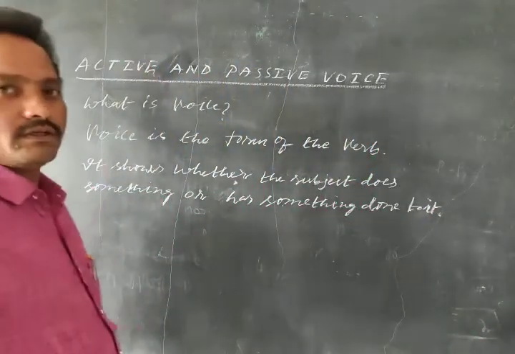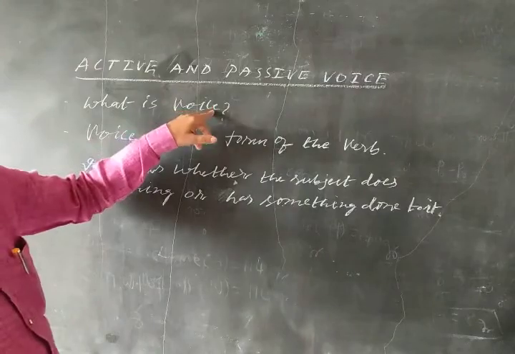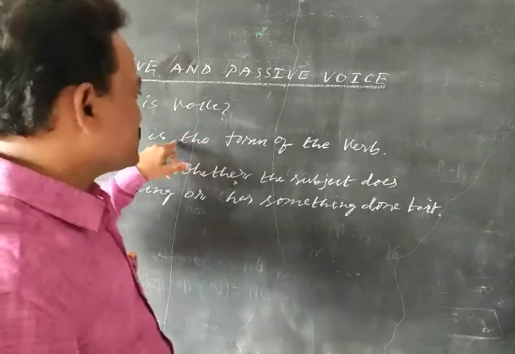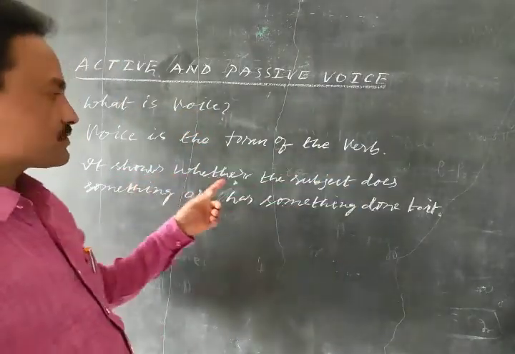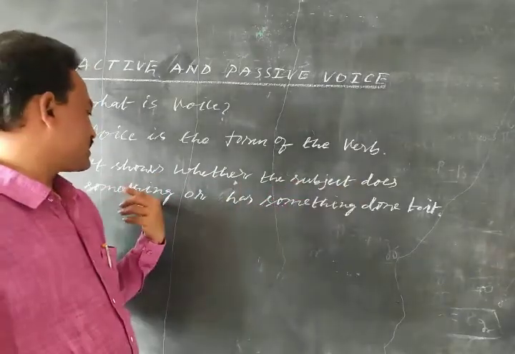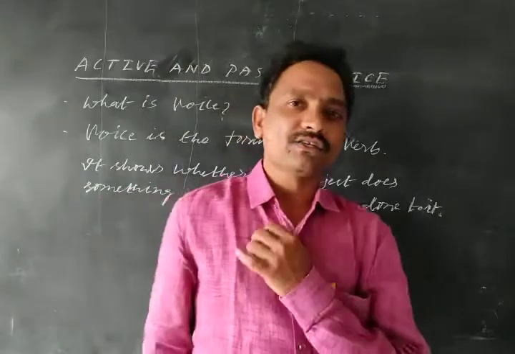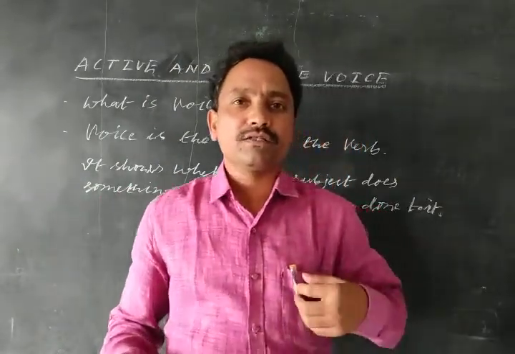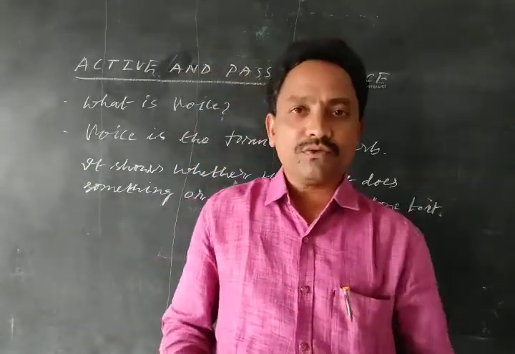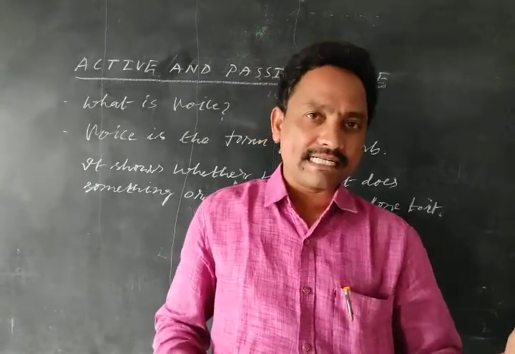See one more time. What is voice? Voice is the form of the verb. It shows whether the subject does something or has something done to it. Two actions here. Number one is doing. Number two is being done.